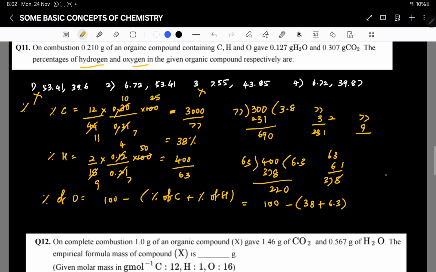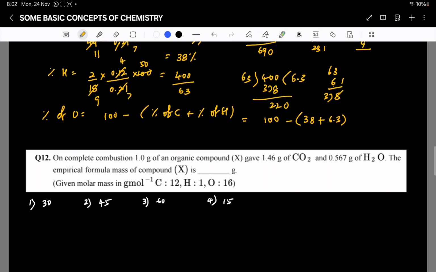So 38 plus 6, 43, 43.3. So 43.3 means oxygen will be more than 50. So now answer 2 is the closest answer, student. You can write just the mathematical calculation only. I did simply approximation only. So our answer will be 6.72 and 53.41 is the closest answer.